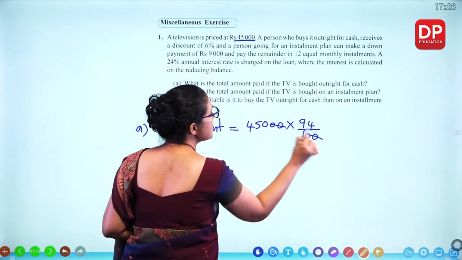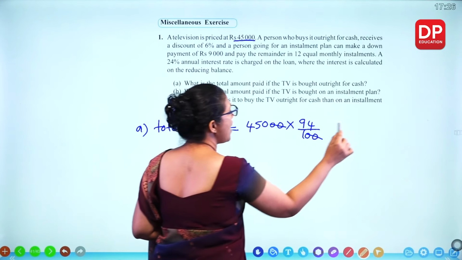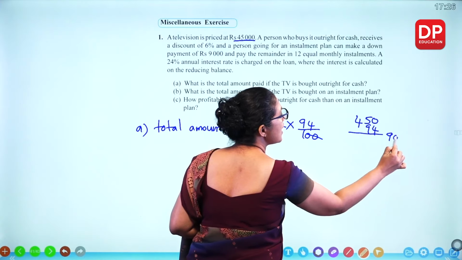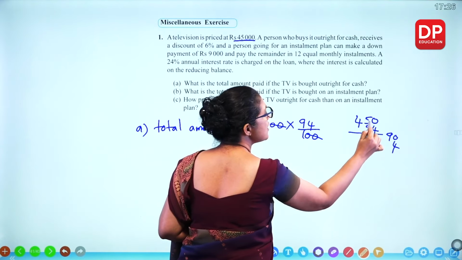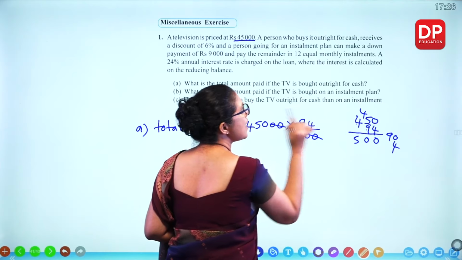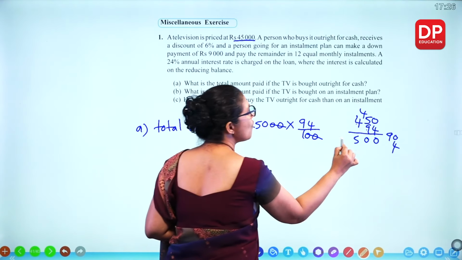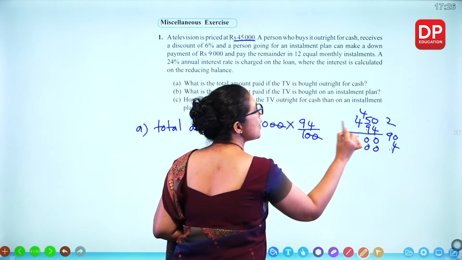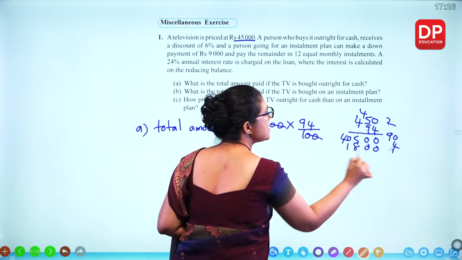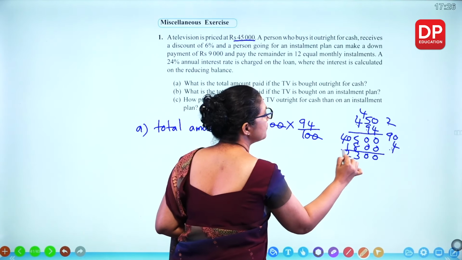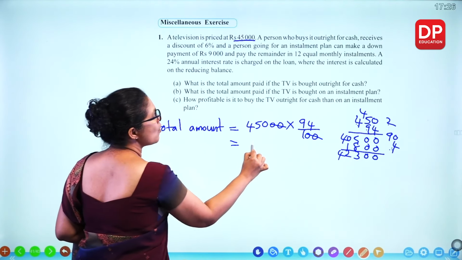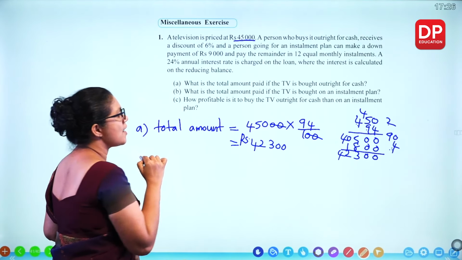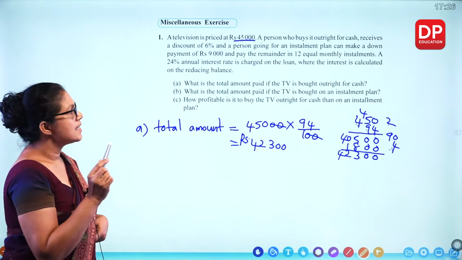Two zeros get cancelled out. 450 multiplied by 94. 9 times 0, 0. 9 times 5, 45. 4 times 0, 0. 4 times 5, 20. 4 times 4, 16 plus 2, 18. So 42,300 rupees he has to pay with the 6% discount.